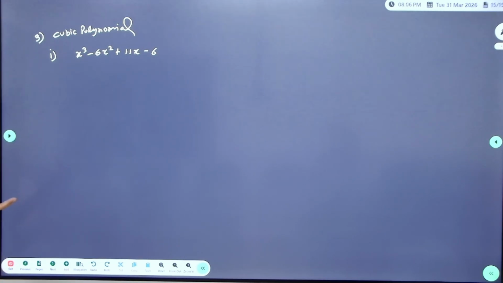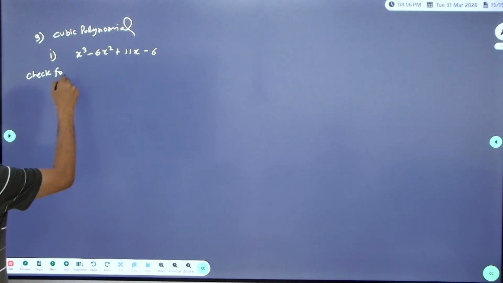So first of all we'll check for x equal to 1. If x equal to 1 works, in that case we'll say x minus 1 is a factor. If x equal to minus 1 is working, then we'll say x plus 1 is a factor. So we'll check for x equal to 1.